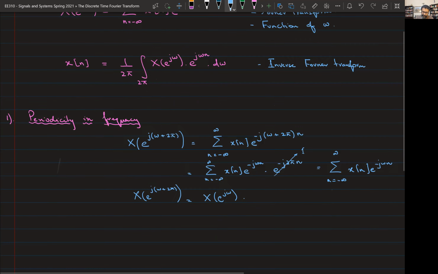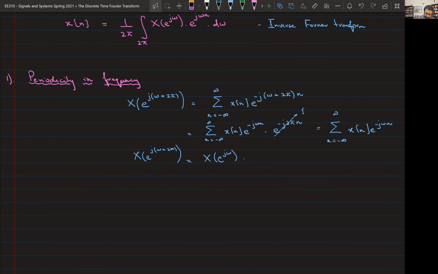As an example, I can quickly cite one of the examples we did. We did x of n equals a raised to power n u of n, where the absolute value of a was less than 1. And we found that the Fourier transform for this was X of e raised to power j omega equals 1 upon 1 minus a e raised to power minus j omega.